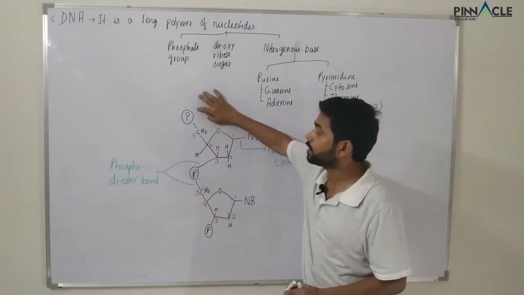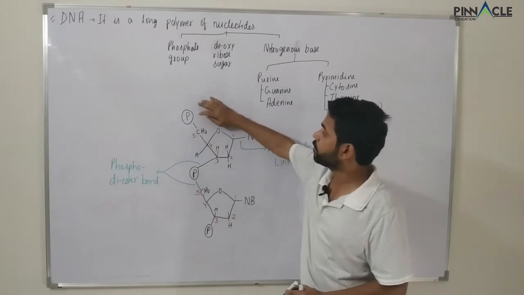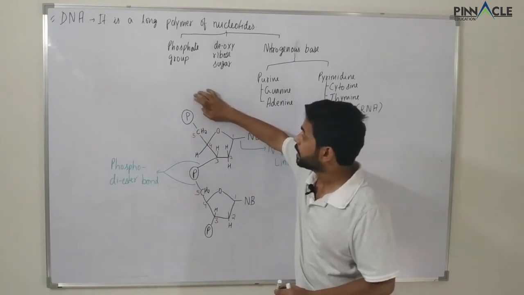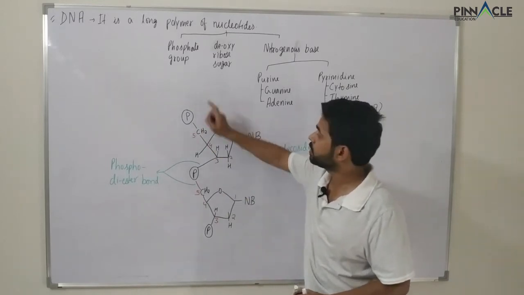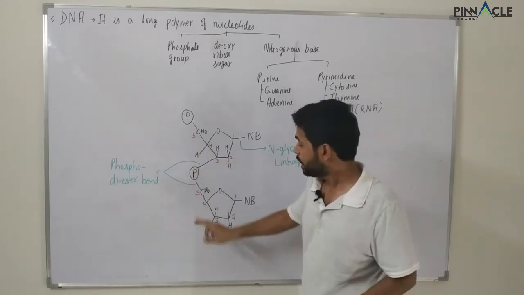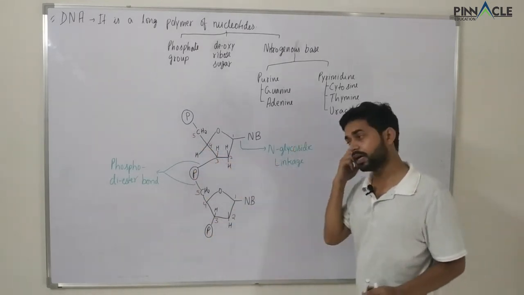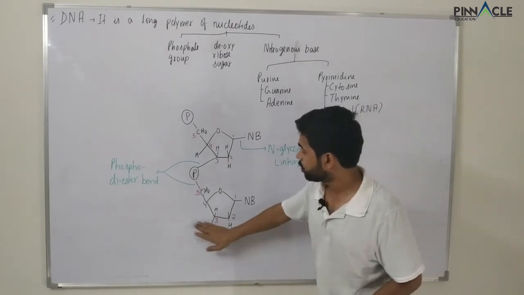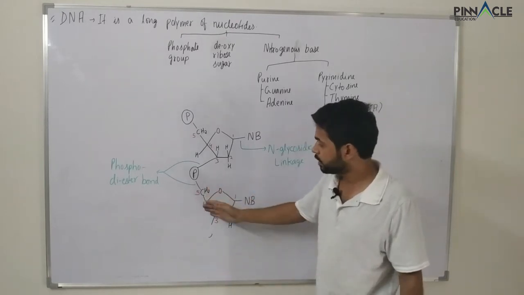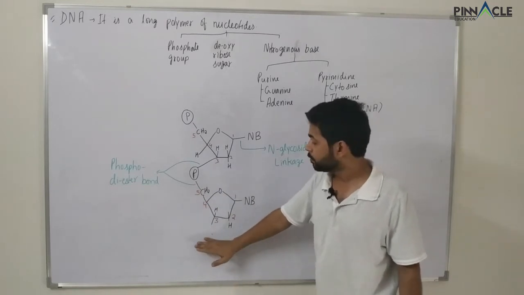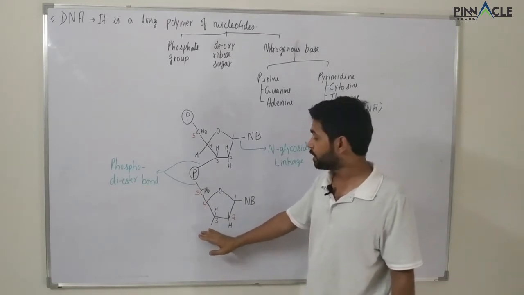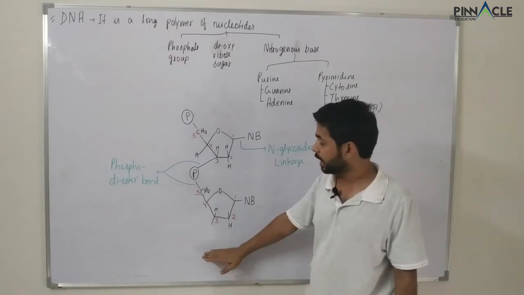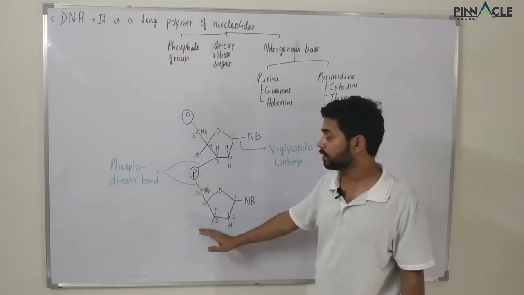This phosphate group at one end of the sugar phosphate chain is called the 5' end, because it is attached to the fifth carbon. The other end is called the 3' end. If there is no other nucleotide after this, then it will have a normal OH group, but if there is another nucleotide attached, then it will have the phosphate group.